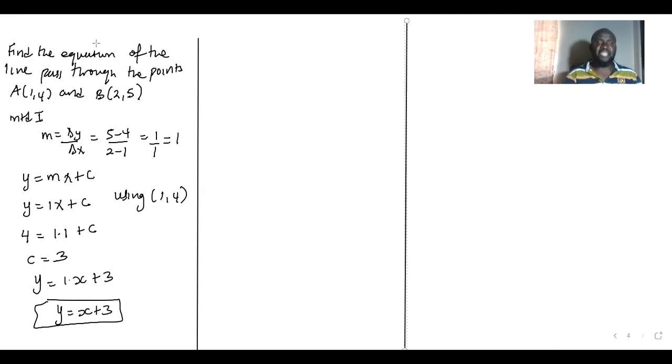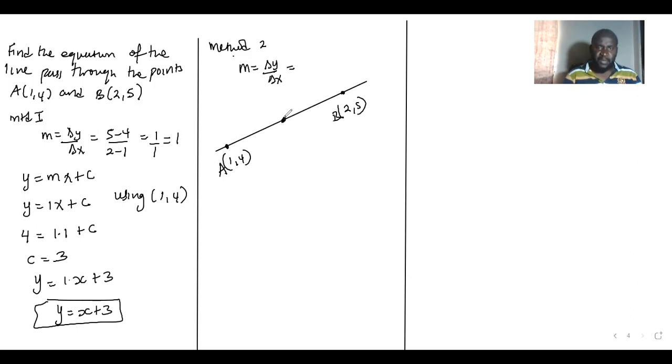Now, the second method I've said is we equate gradients. So method 2. You realize that gradient is change in y over change in x, but for gradient, we use any point. Now, in this case, let me also have this line illustrated. This is our line, and this line of ours has a point 1, 4, and a point 2, 5, point B, and this is point A. It has an arbitrary point anywhere, P, which is XY.